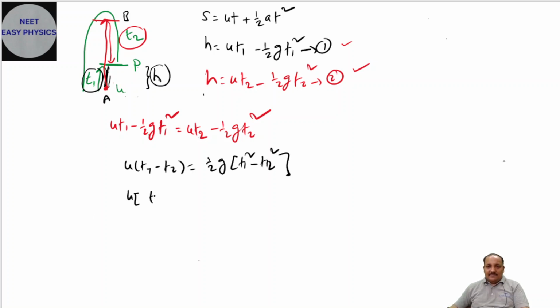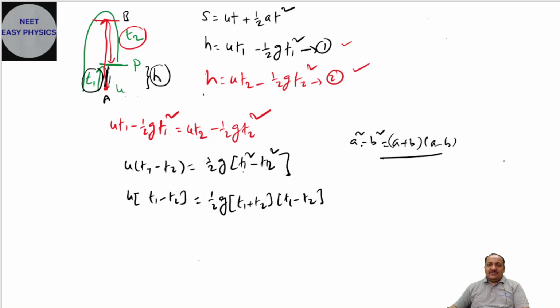So u into (t1 minus t2) equal to half g into (t1 square minus t2 square). t1 square minus t2 square can be written as (t1 plus t2) into (t1 minus t2). This is just a mathematical identity. Now see, if you cancel these two, u is equal to half g (t1 plus t2).